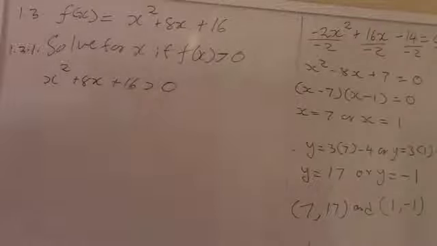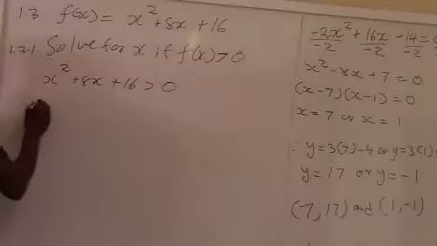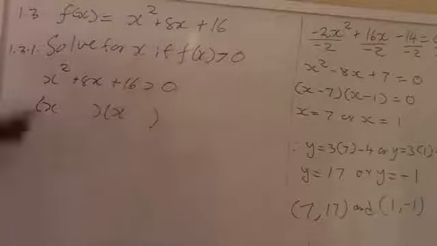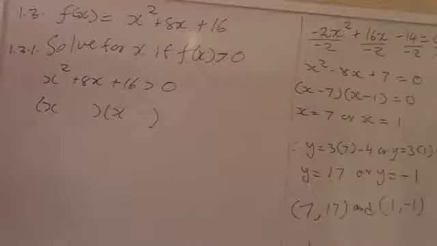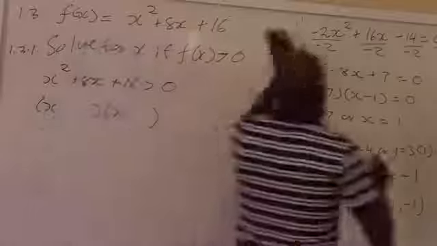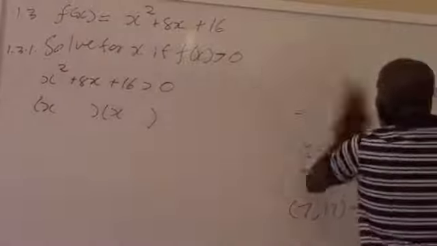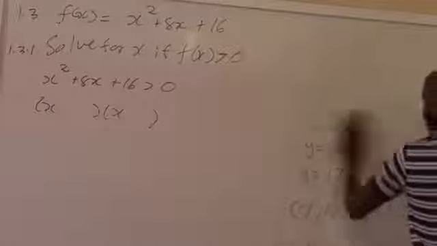The factors of x squared are just x and x in this case. And then we have to come to the factors of 16. Factors of 16 in pairs are quite a number, so we can write them so that we see which one will give us the middle term.